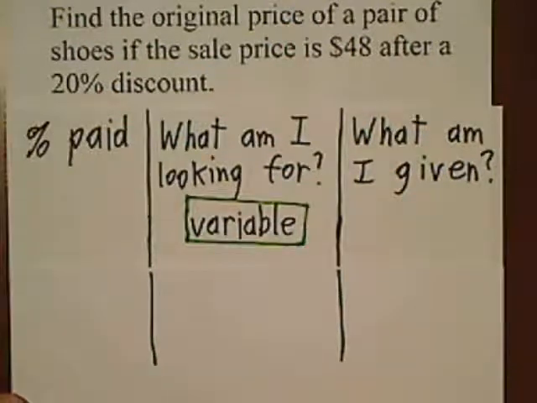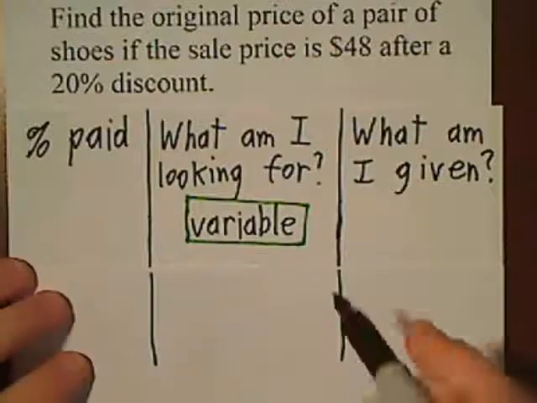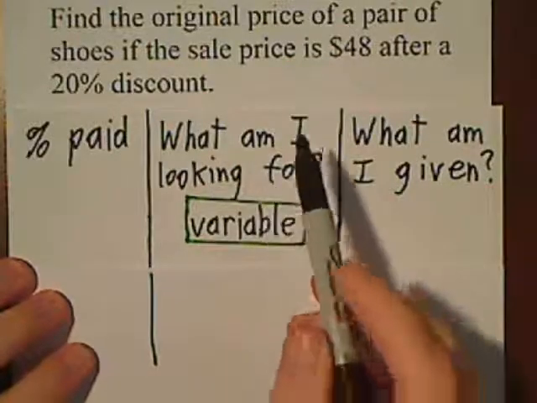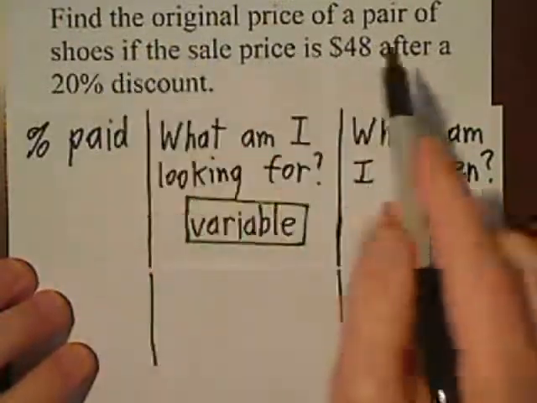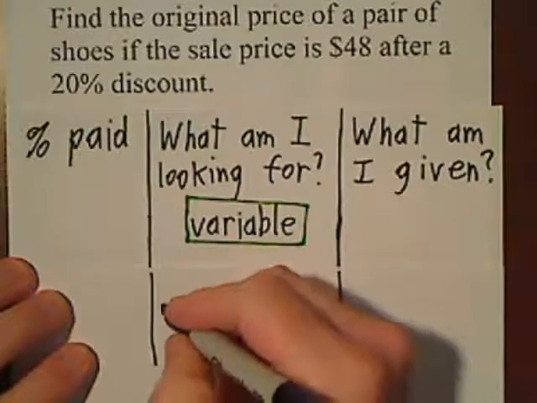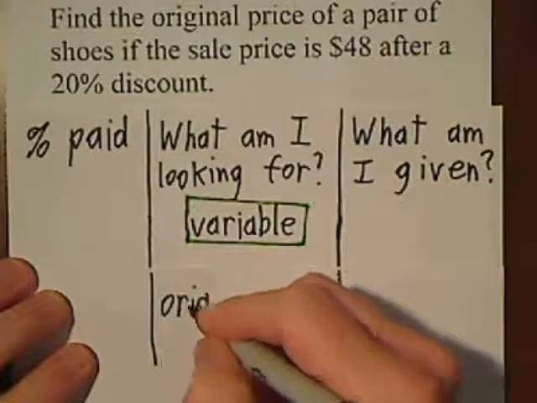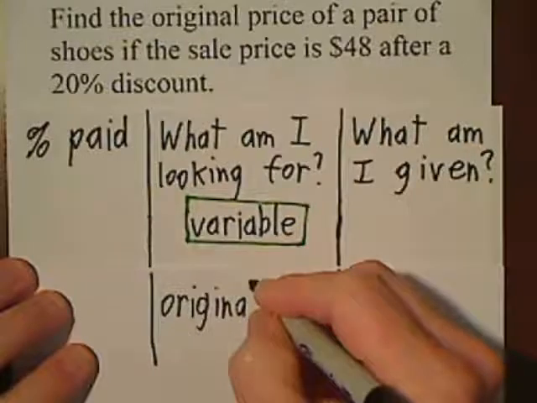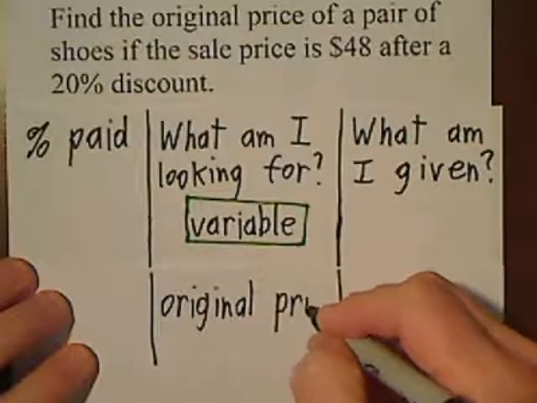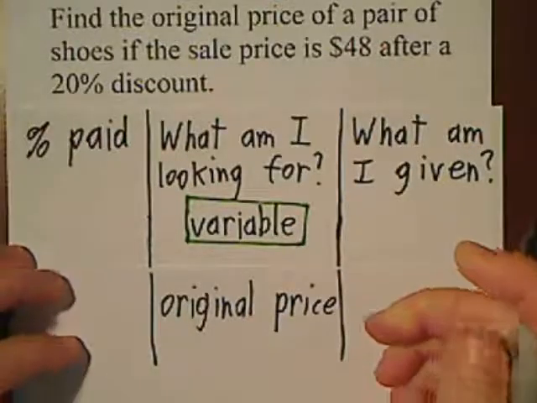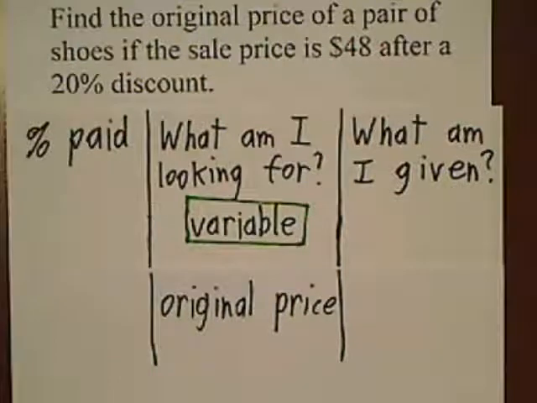Then we'll do our calculation further down. So first off, what am I looking for? The original price. Find the original price. We'll call that our variable, so we'll just say X.